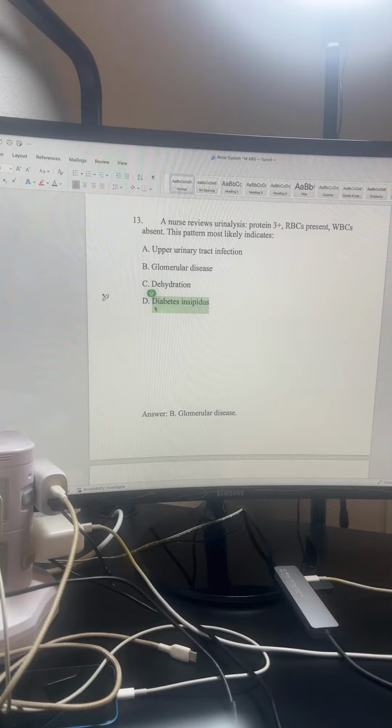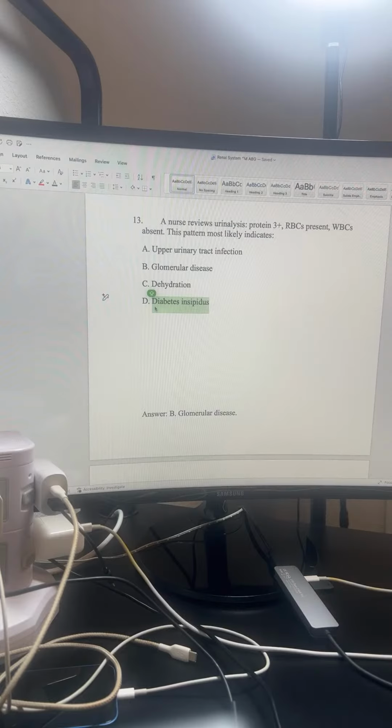Do you have ketones in your diabetes insipidus patients? Okay, decreased specific gravity. So you're not gonna find any ketones in your urine.